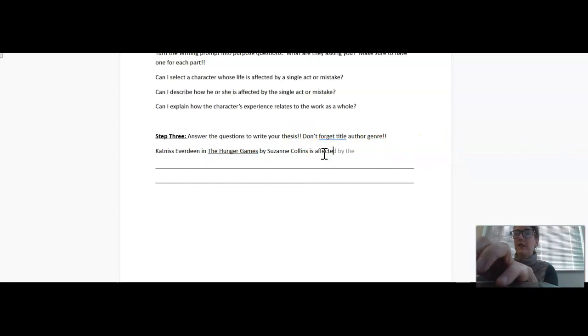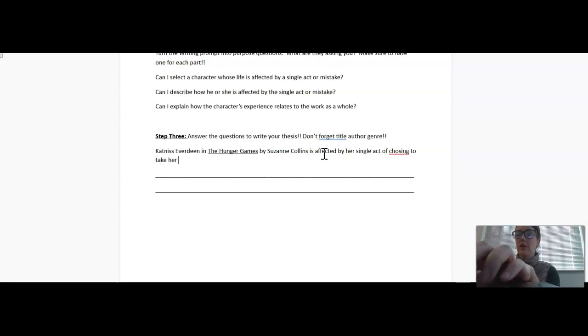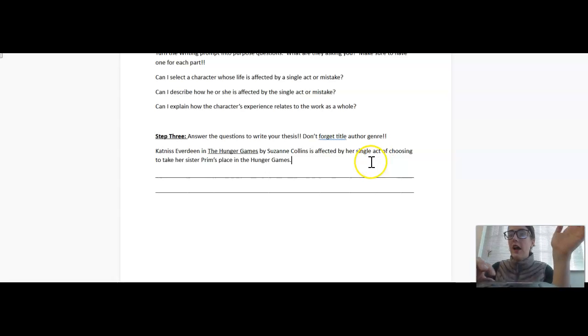Is affected by her single act of choosing to take her sister Prim's place in the Hunger Games. Okay, so I already answered the first question here, right? I can check that off.